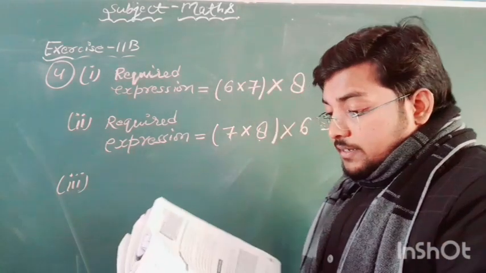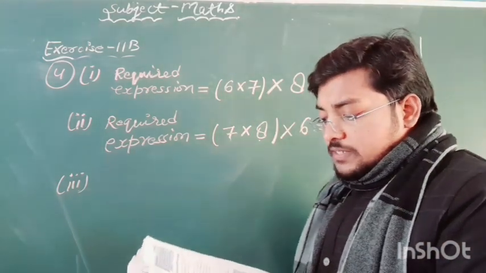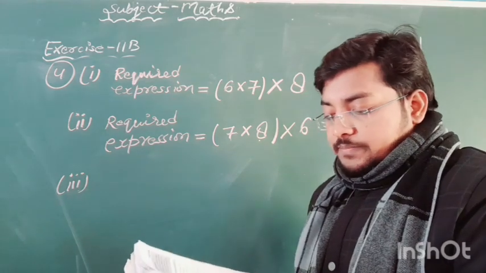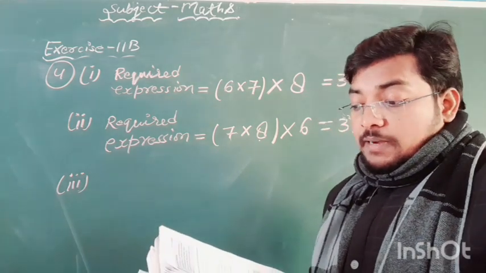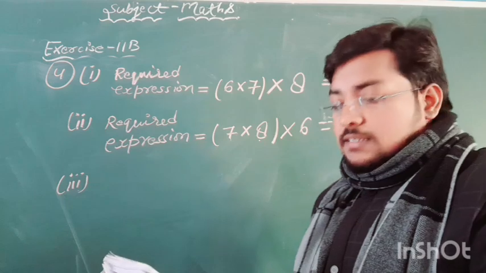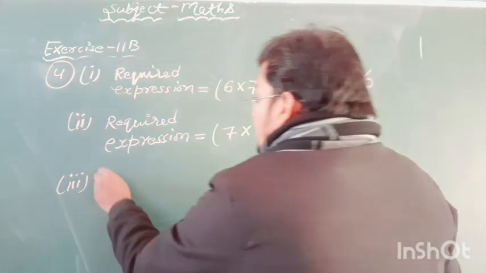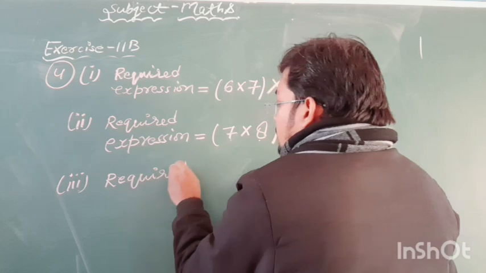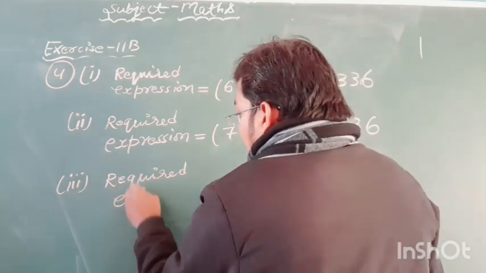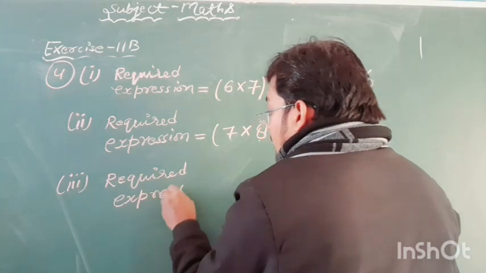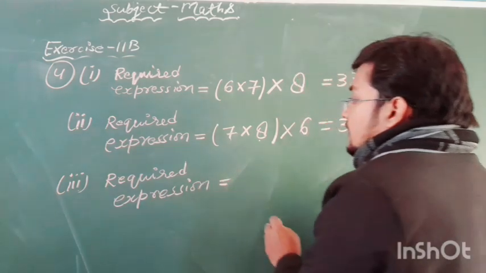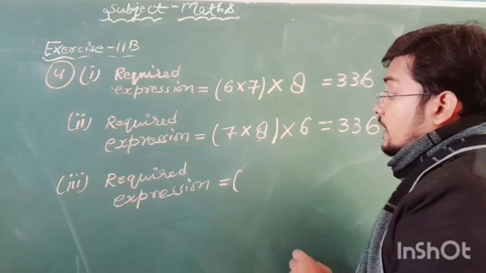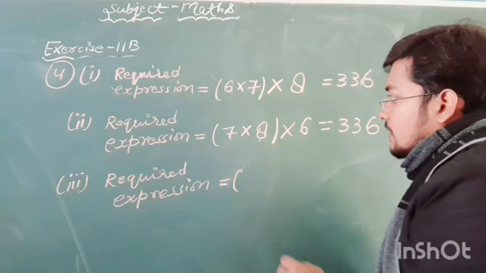And in third, we may first multiply 6 and 8 to get 48, and then multiply it by 7 to get the product 336. So the required expression of this sentence is equal to, here first multiply 6 and 8.